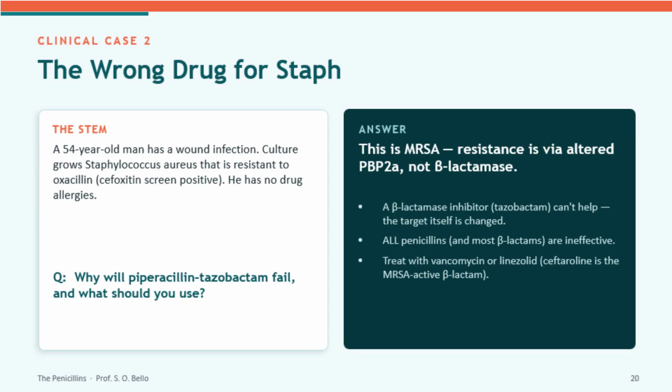So every penicillin, including pip-tazo, is ineffective. The correct choice is a non-beta-lactam such as vancomycin or linezolid. And if you specifically want a beta-lactam with MRSA activity, that's the newer cephalosporin ceftaroline. This case is the practical payoff of understanding mechanisms rather than memorizing drug lists.